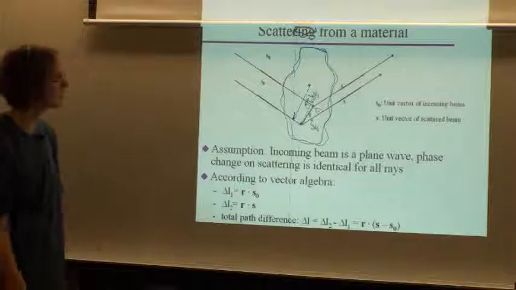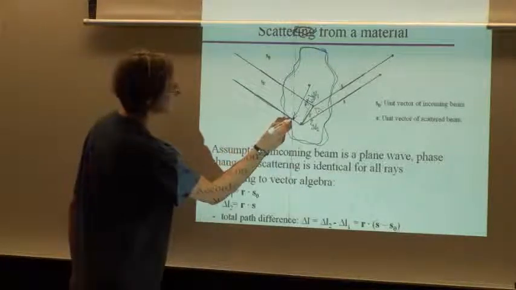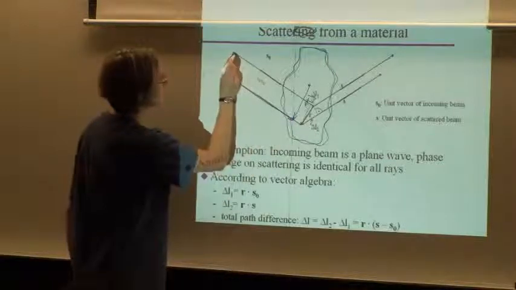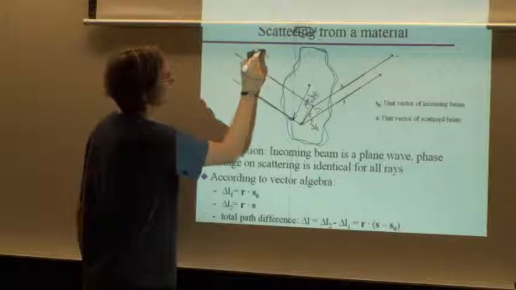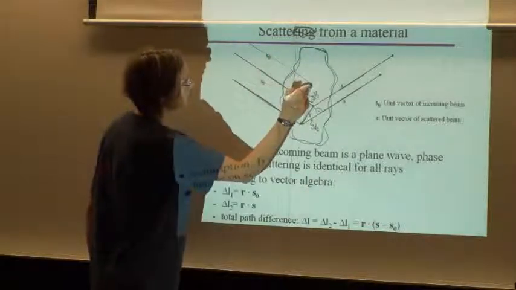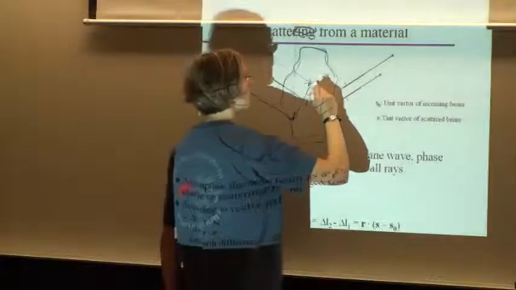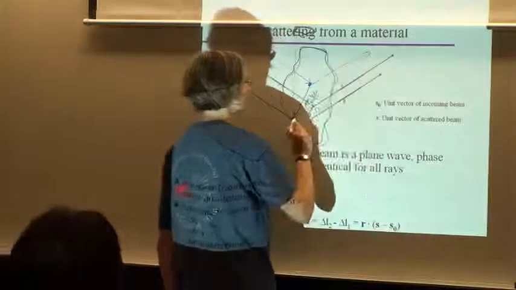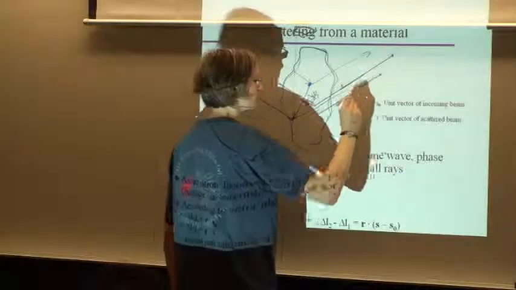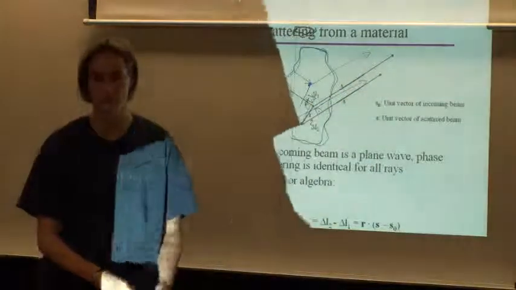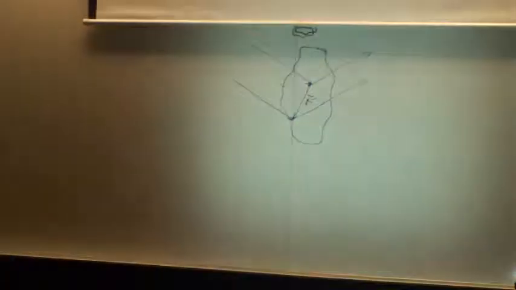That's my distance r. And I have X-rays coming in here. And each of these X-rays is of course scattered. Right? That's what we said happens when X-rays hit atoms.